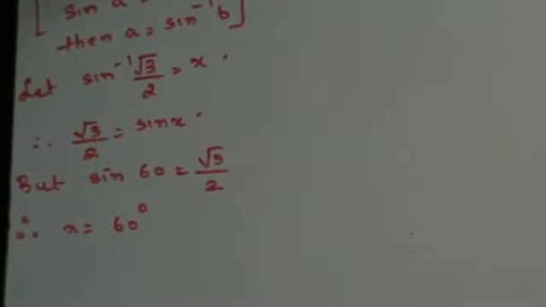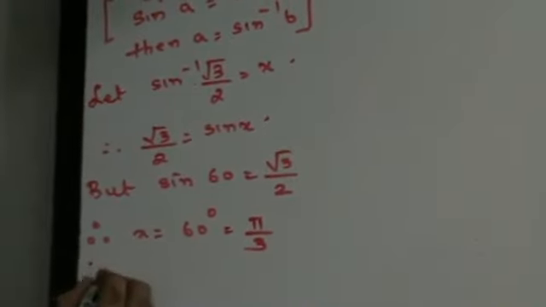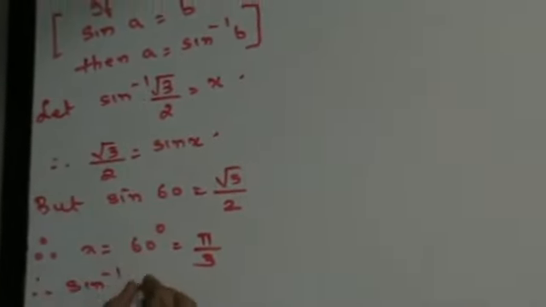Therefore, x is equal to 60 degrees. 60 is nothing but 180 divided by 3, and 180 is written as pi radians. Therefore, sine inverse of root 3 by 2 is pi radians divided by 3.